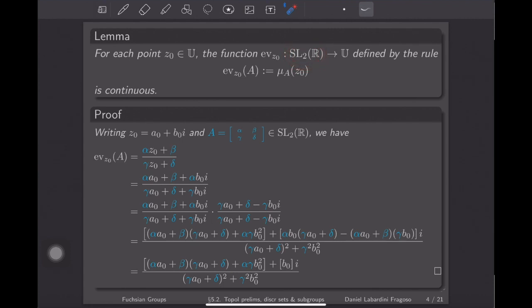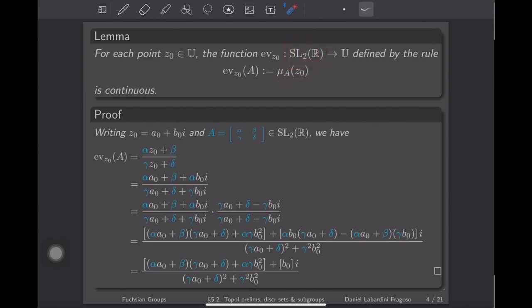The way I can evaluate a matrix there is by evaluating the associated Mobius transformation at the point. Right? So this evaluation map takes a matrix A and sends it to the result of evaluating that matrix, or more properly, its associated Mobius transformation at the point.